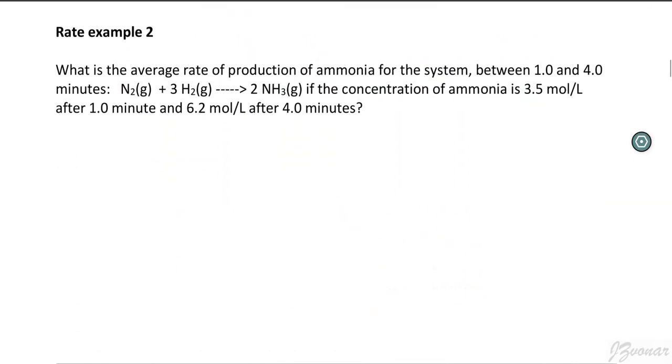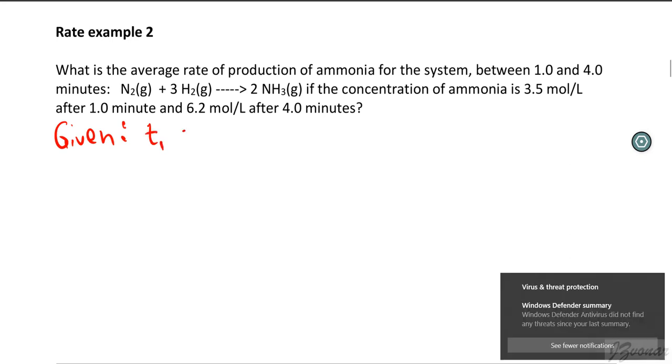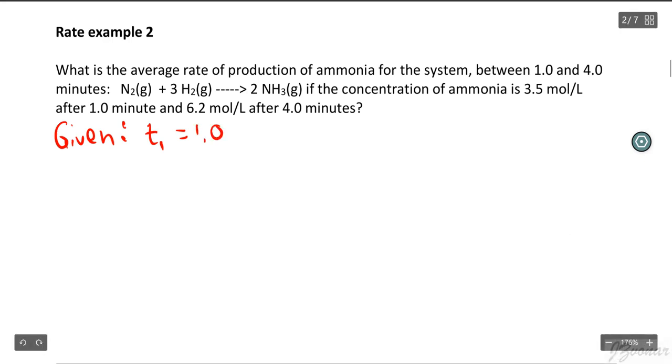All right, so in this one, we're told that the minutes are 1 minute to 4 minutes, and the concentration is 3.5 and 6.2. So it's very important just to be able to extrapolate the information that we're given. We're given the 2 times, time 1, which is equal to 1 minute. t2 equals 4 minutes.